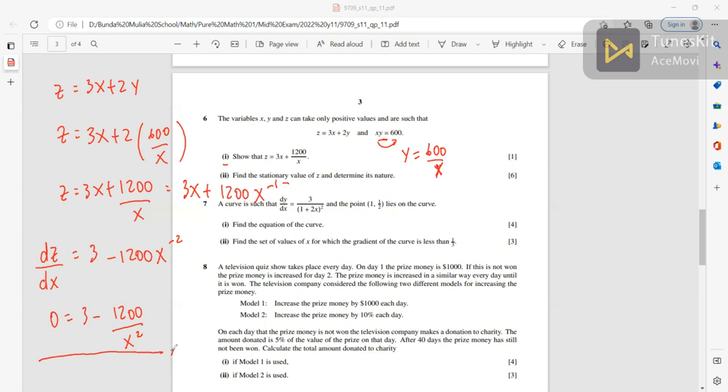Everything, I times it with x squared. So it will become 0 equals 3x squared minus 1200. Minus 1200, move it to the left. So 1200 equals 3x squared. I move the 3, so I got 400 equals x squared.